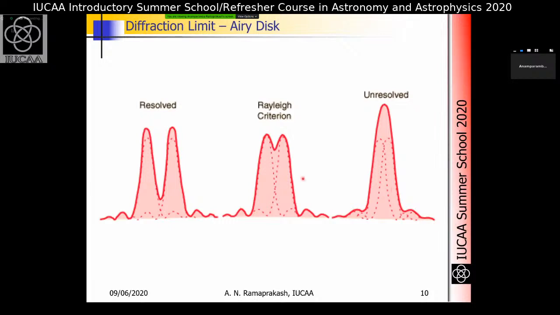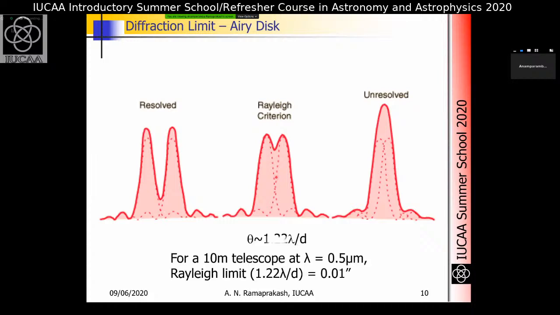The criterion by which you say that two objects, two point sources in the sky, are well resolved is given by the Rayleigh criterion, where lambda is the wavelength of observation and D is the diameter of the telescope. 1.22 lambda by D is the angular separation at which you take this point and this point.